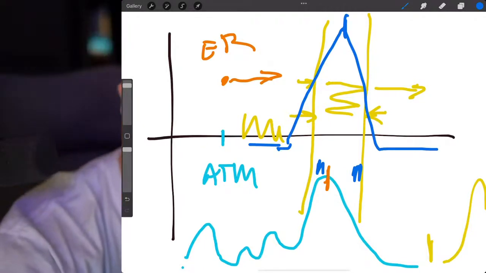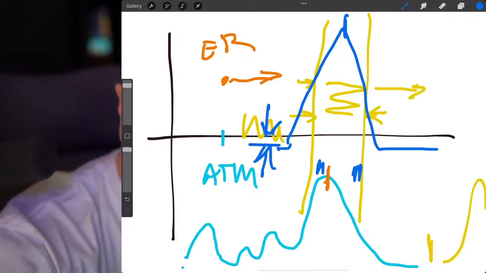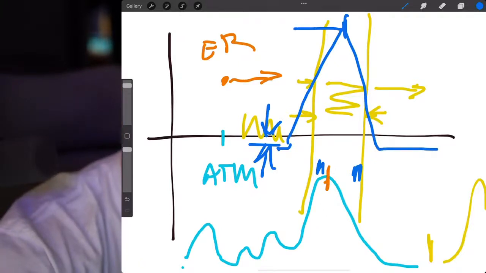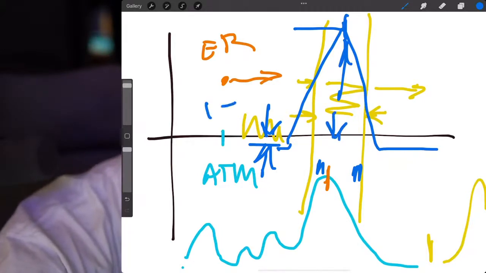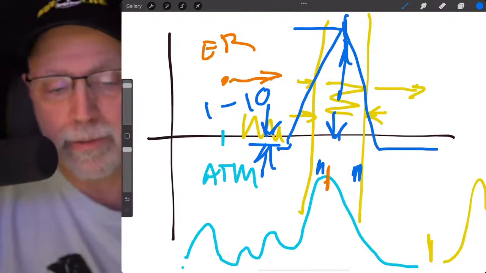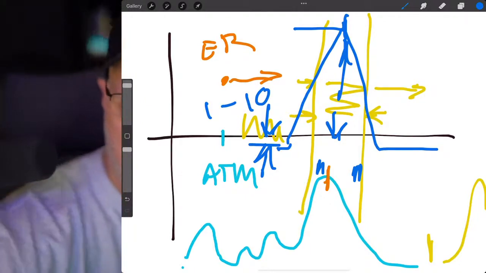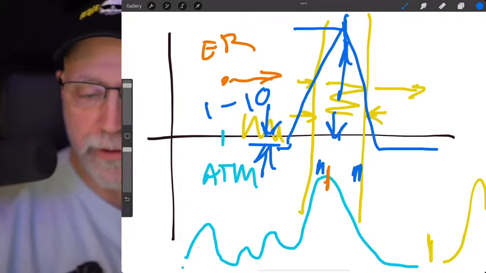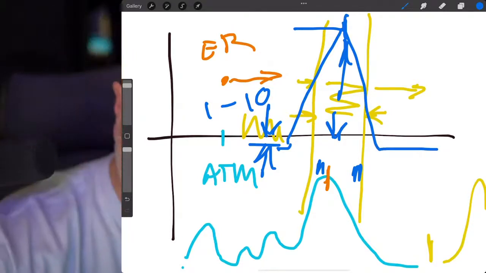And what we're showing here is that the risk to the potential reward is asymmetric, maybe 1 to 10. All right, so there's the basic setup, if you can make sense of that as I drew it.